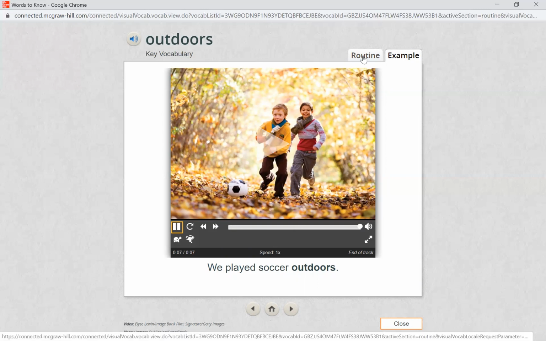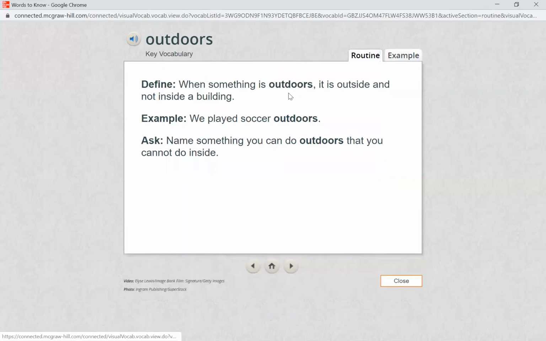And they're playing outdoors. So what do you notice about the background? There are trees, there's leaves, they have on their scarves and their shoes. So when something is outdoors, it is outside and not inside a building. So anything that is not inside of a building is considered outdoors.